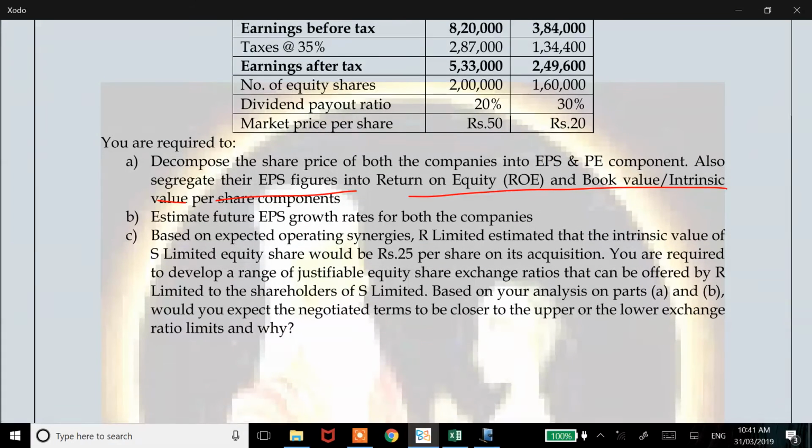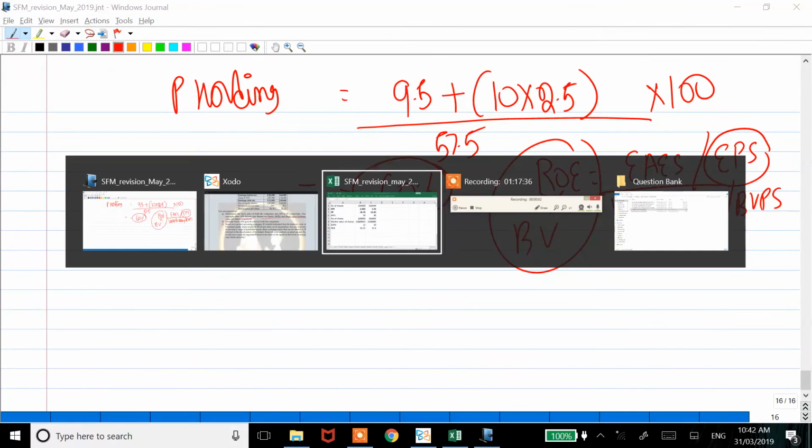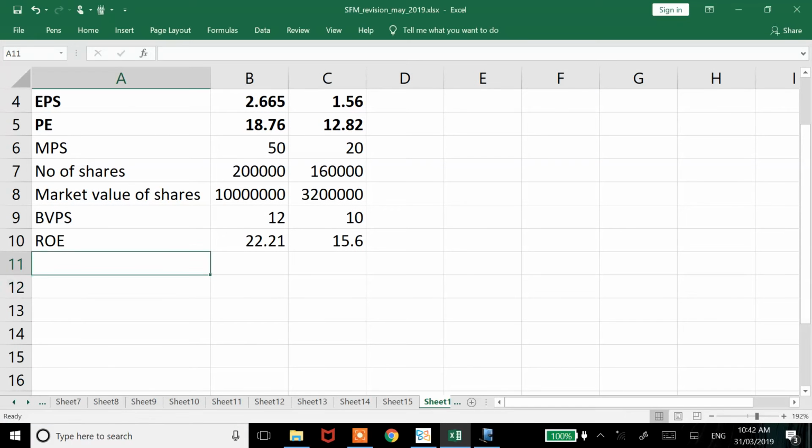Now, estimate the EPS growth rate. What is the formula for growth rate? Retention ratio into return on equity, or IRR. I have return on equity. Next I'll write retention ratio, and I get the growth. ROE is already available. Retention ratio, and then we get to growth.